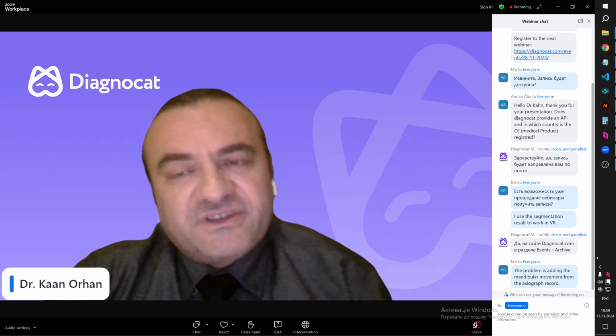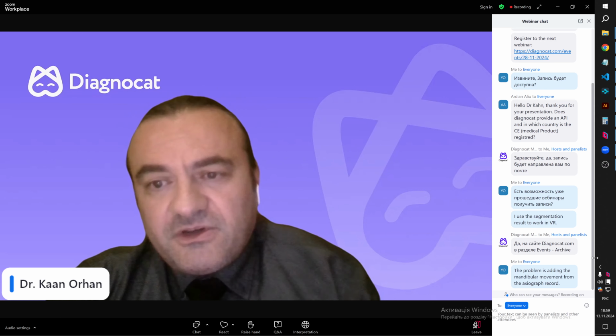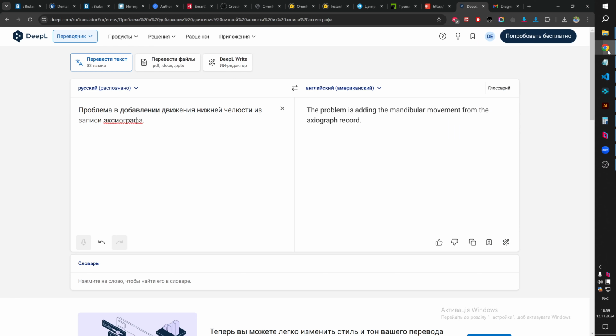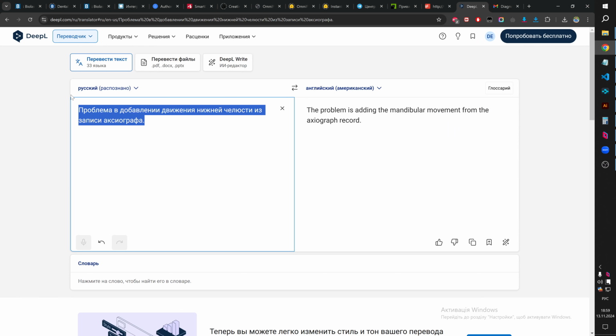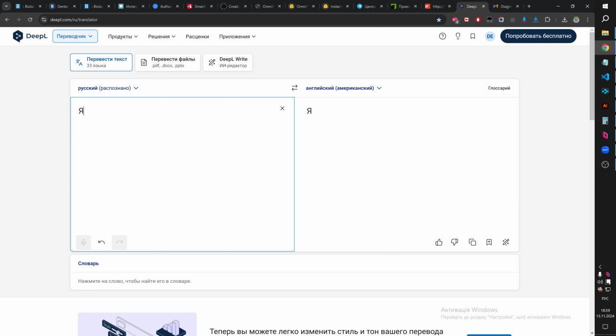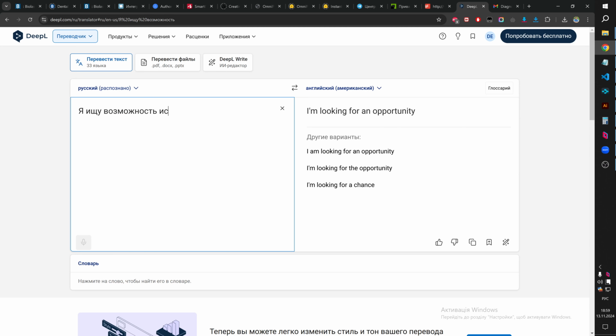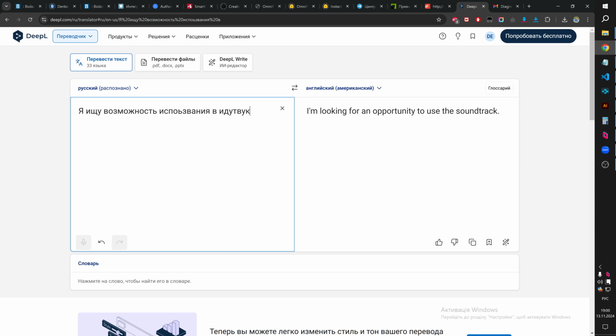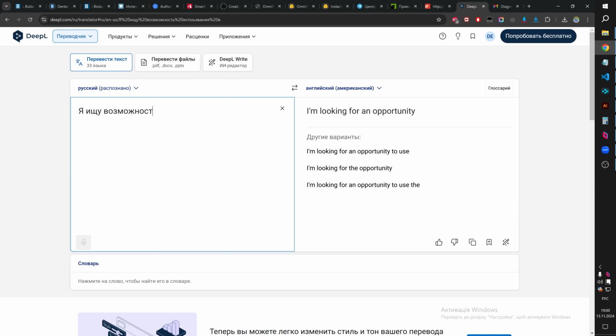The record is the other way around, and as our audience said, it is a little problematic right now. We need to use different kinds of modeling and networks to record all this. But the registration of the axiograph together with the AI segmentations can be made in the near future.